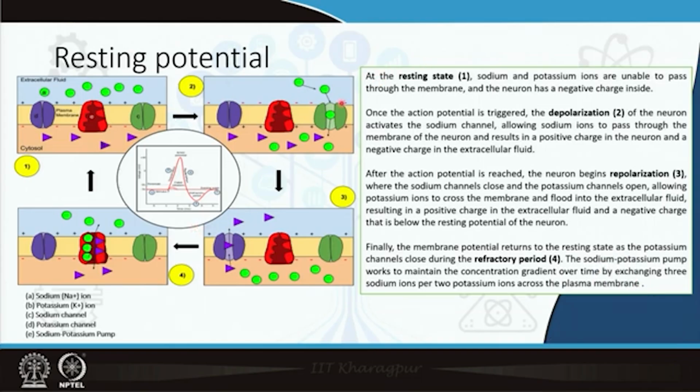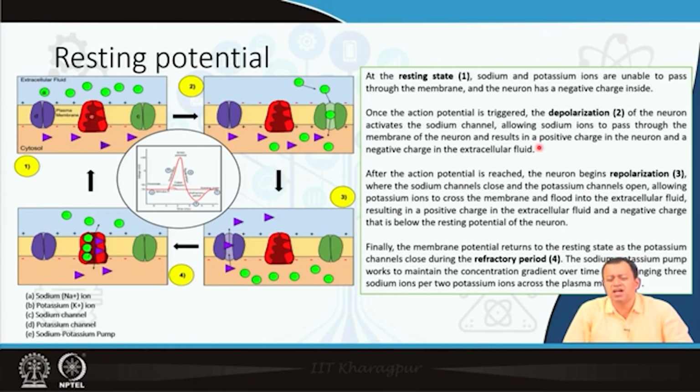So, resting potential is where there is very little amount of electrical spike, the electrical spike is not there. At resting state, the sodium and potassium ions are, so sodium and potassium ions are basically the ubiquitous currency by which the electrical signals are passed from neurons to neurons.